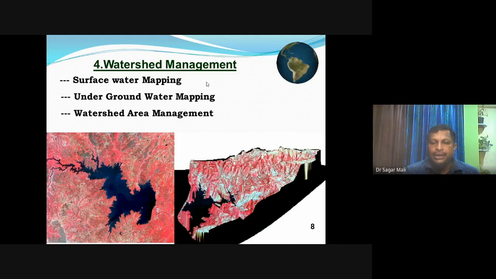That's why we require systematic planning to control and conserve water use. Remote sensing can be used for surface water mapping, underground water mapping, and watershed area management. A watershed is the smallest natural unit where we can make plans to conserve and save water.